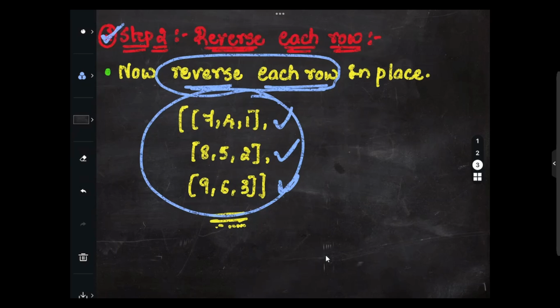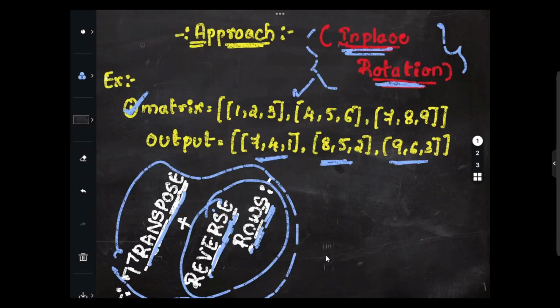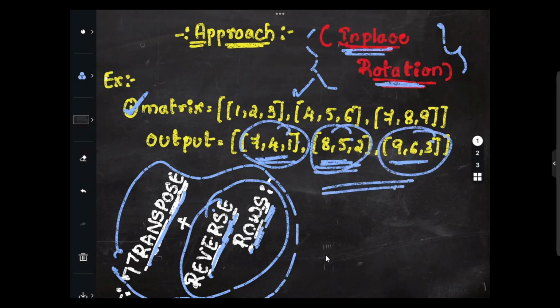Transpose and reverse, that's it. So the output that we got here is 741, 852 and 963, which is equivalent to the output that they have given for the first example in the question, 741, 852, 963.